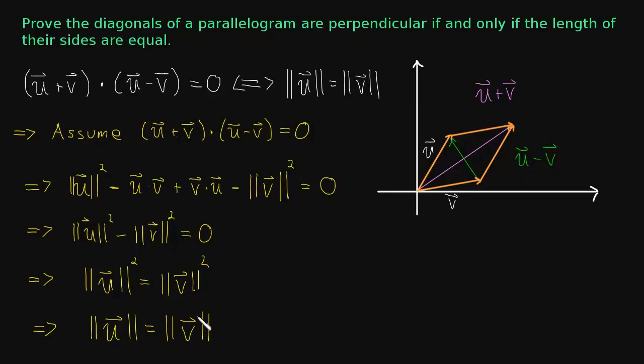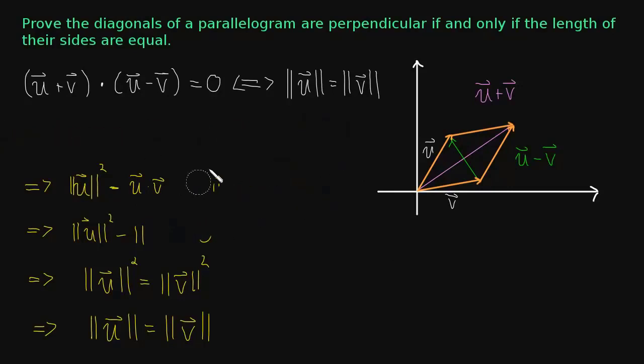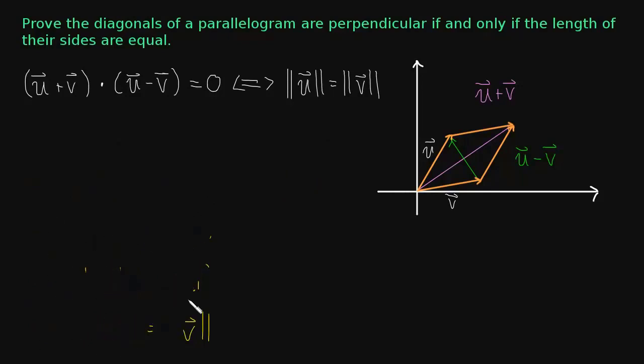Okay, so we proved that if the diagonals are perpendicular, then their lengths must be equal. Let's go ahead and prove that if the lengths are equal, then the vectors must be perpendicular. So I'm just going to write this backwards implies arrow to indicate we're doing the other part of the proof now.